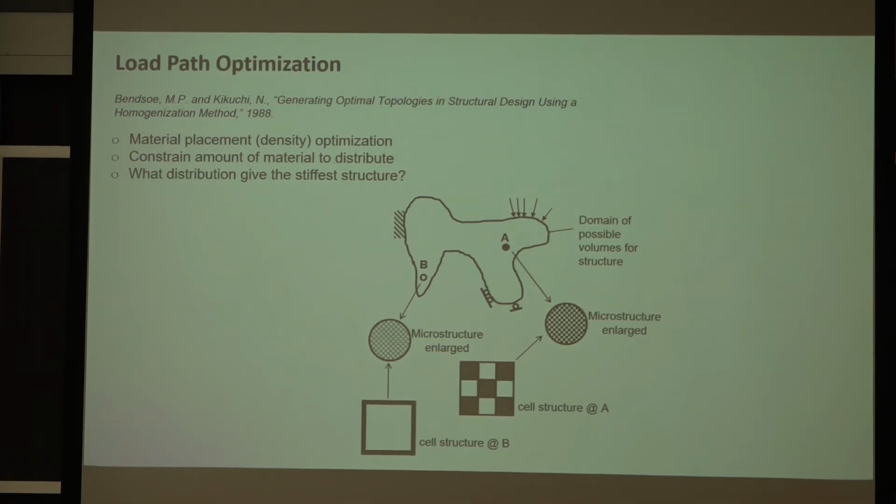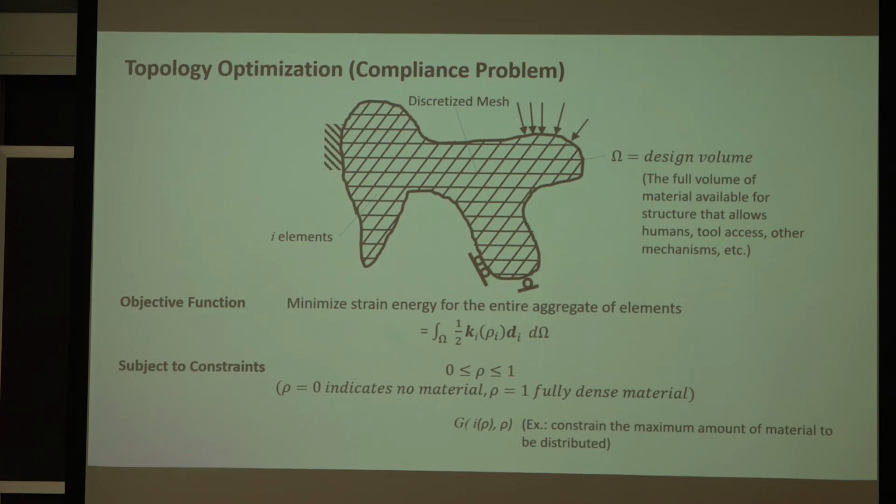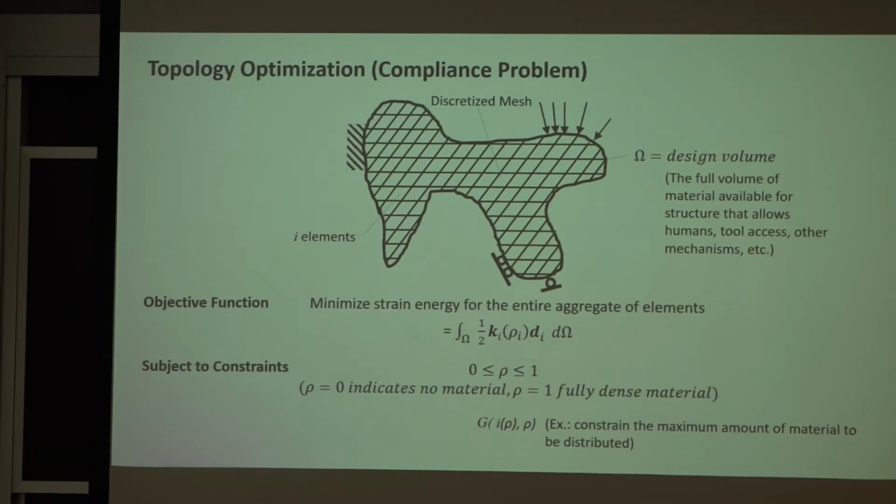And then you're going to put a constraint on the amount of material you have to distribute to each of these elements. Okay? So you can't have the initial weight. You have to have a lesser weight. And you're going to figure out what is the most efficient way to distribute this density, this mass, in order to get a structure that has the lowest aggregate strain energy.